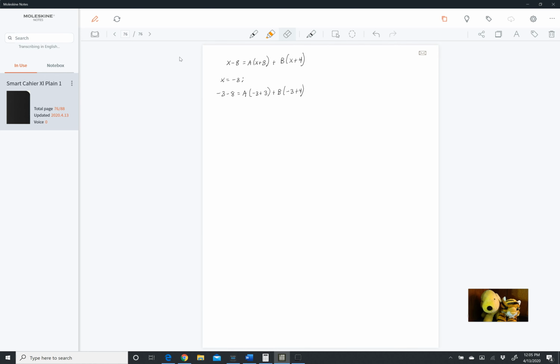So -3 minus 8 is -11. I'm going to write the 0a here. And then -3 plus 4 is +1. Which means that -11 is equal to b. We don't even have to do a lot of solving.